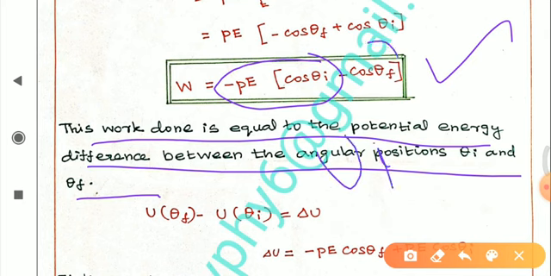UI. This is UF. So here we can write U of theta F minus U of theta I. That is nothing but the change or difference in potential energy.